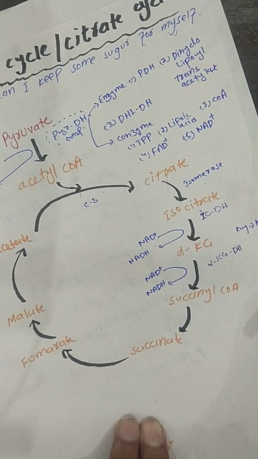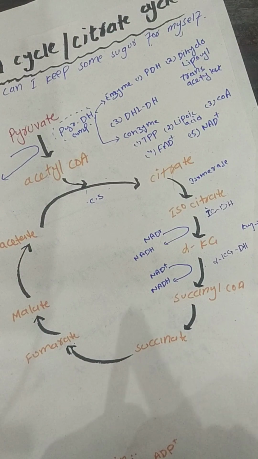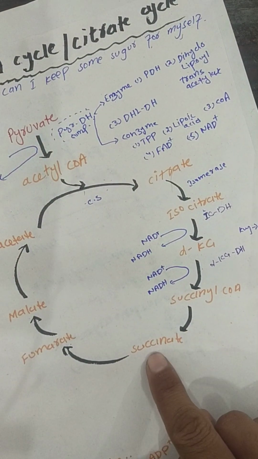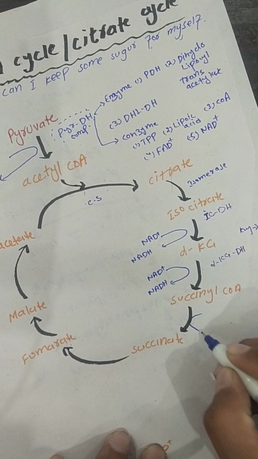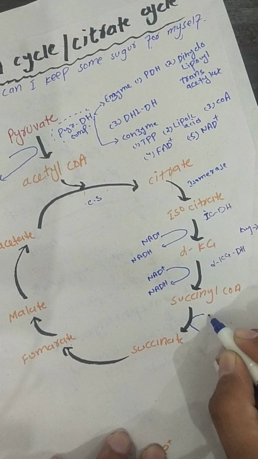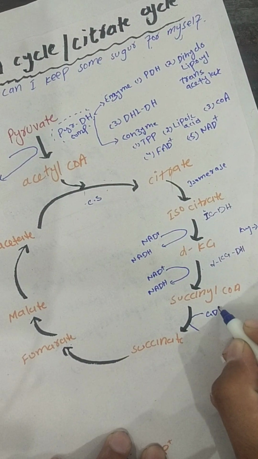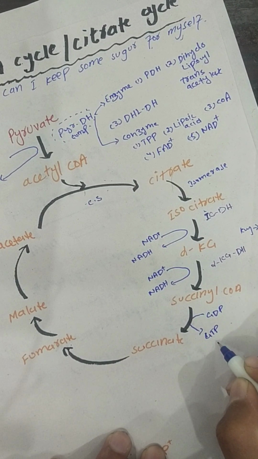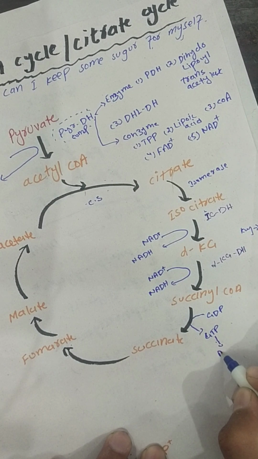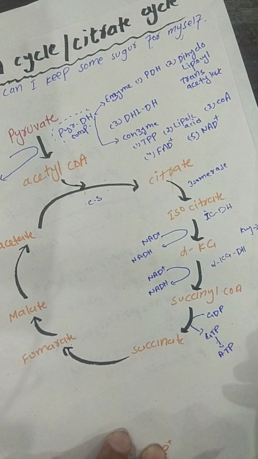Okay, so in the next step, when succinyl CoA is converted into succinate, this reaction is also important. Why? Because here GDP is converted into GTP, and this GTP is then converted into ATP. For your convenience I just write it like this.